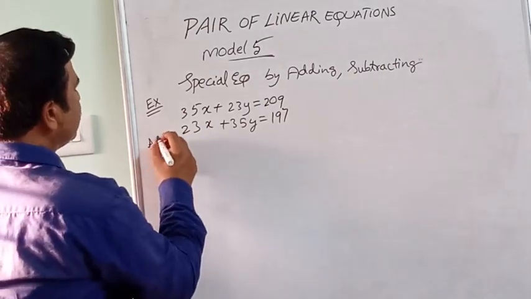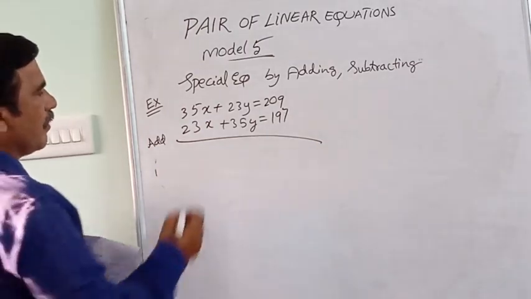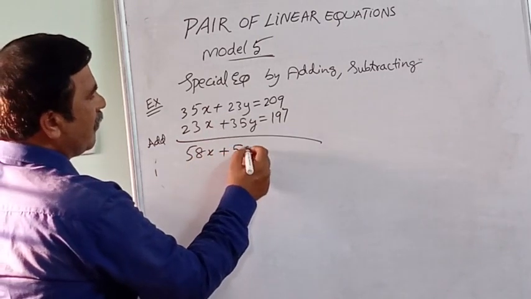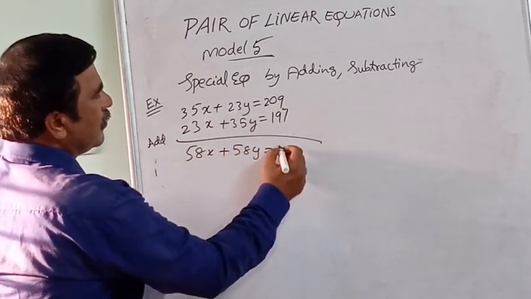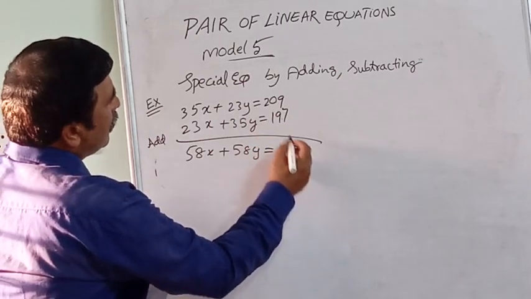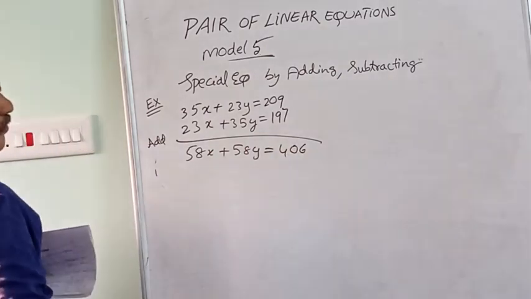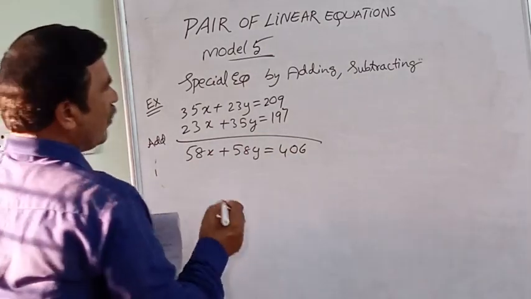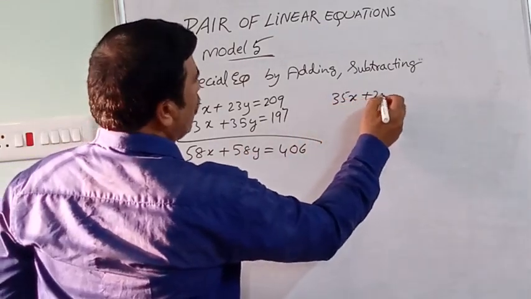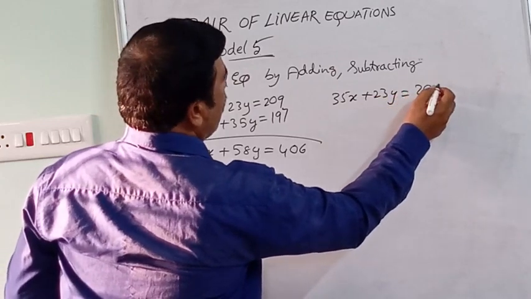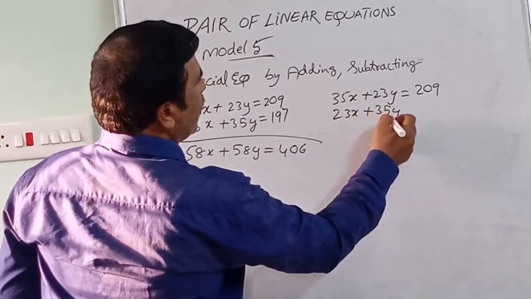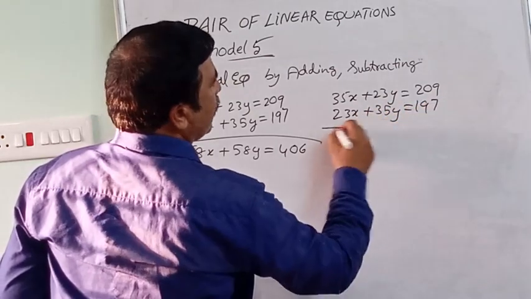First add. If you add, what will you get? 35 plus 23, 58x, 58y is equal to, add these two, 406. Okay. Now another time subtract. 35x plus 23y is equal to 209. 23x plus 35y is equal to 197.